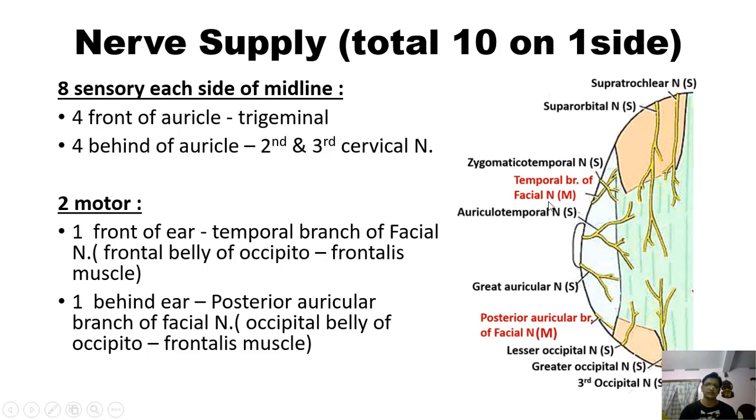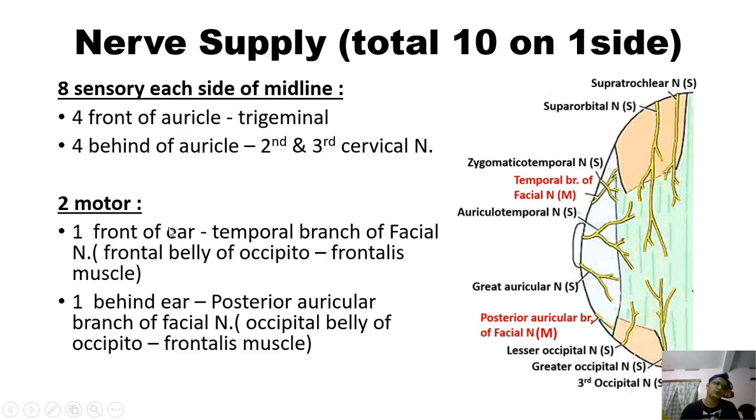These 4 are branches of the trigeminal nerve, and the 4 behind the auricle are branches of the second and third cervical nerves: the greater auricular nerve, lesser occipital nerve, greater occipital nerve and third occipital nerve.